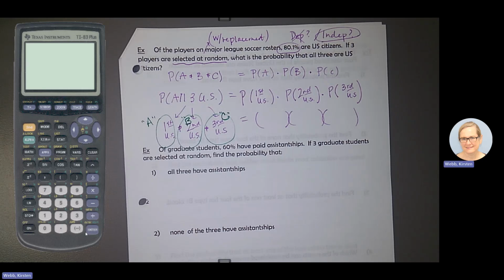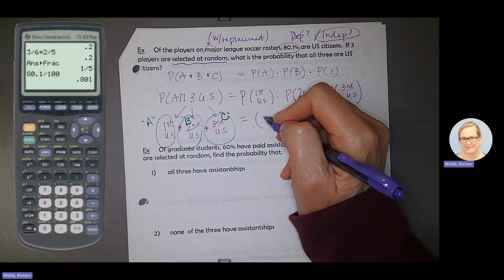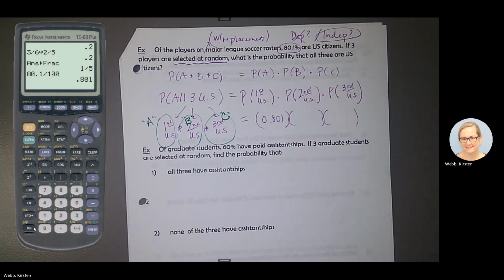The percent, is there a way we could use it as a probability? 80.1 out of 100? Or in other words, 0.801? A percent's easily switched to a decimal. So 80%, meaning like 0.8 probability.